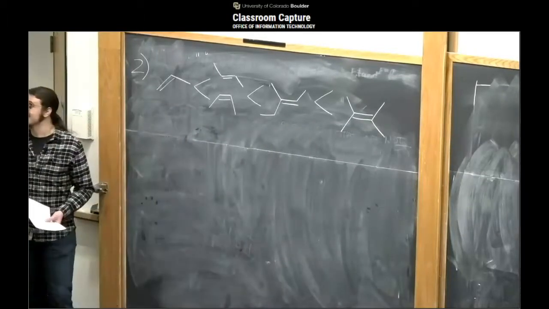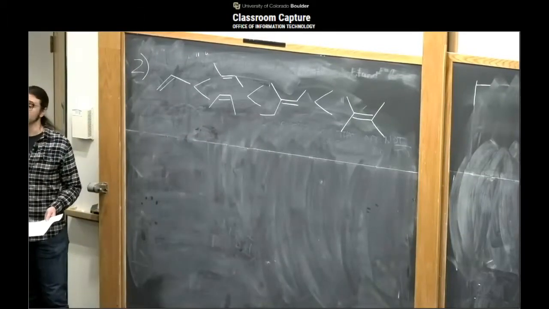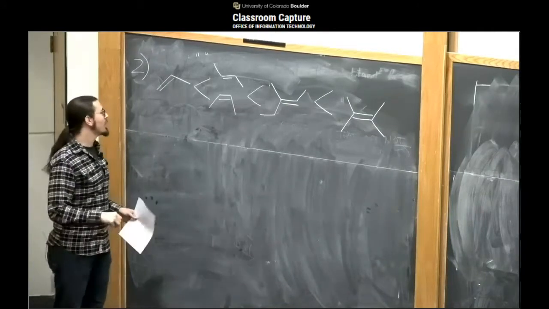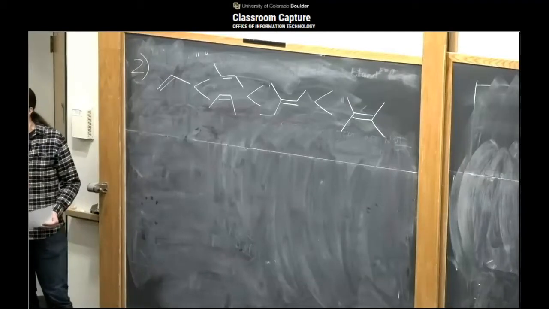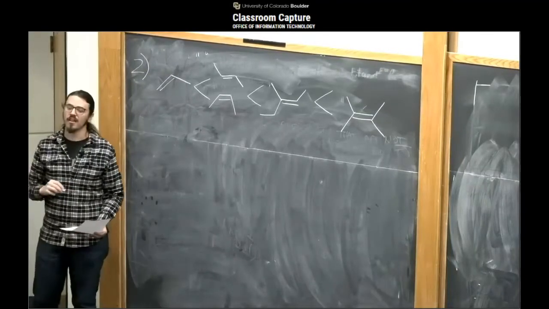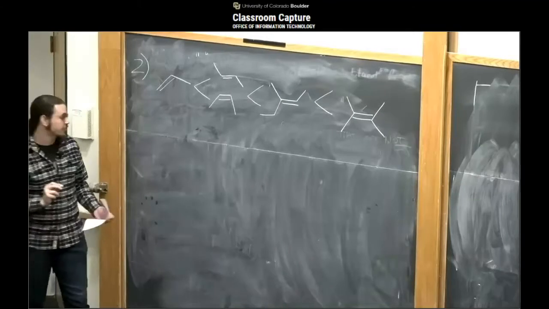The reason for this increased stability as we increase substitution is that when we have these carbon-carbon bonds from an sp2 hybridized carbon to an sp3 hybridized carbon, the bond is going to be slightly shorter and slightly stronger.